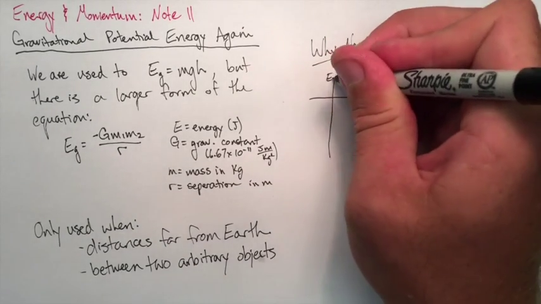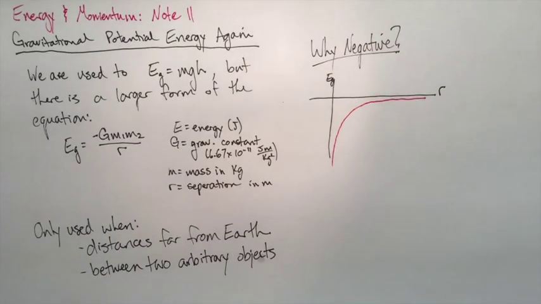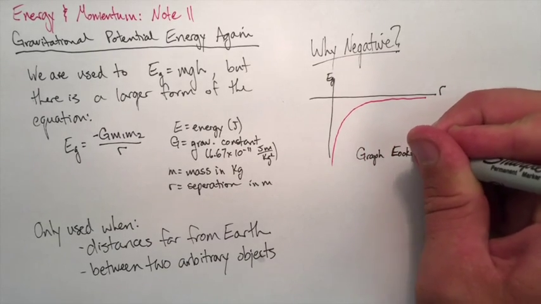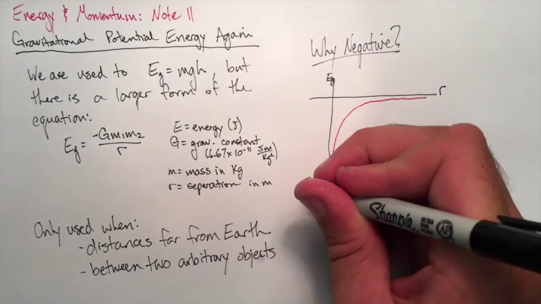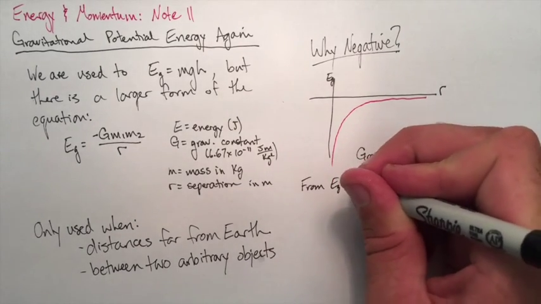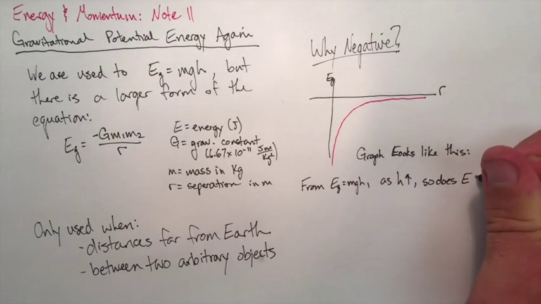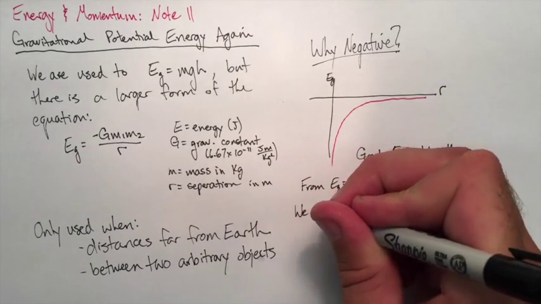There is a negative in front. If we think of E equals mgh, as h increases, so does energy. So that means as we get higher and higher, gravitational energy gets higher and higher. But this one, if we look at the equation, if R on the bottom were to get bigger and bigger, gravitational potential energy would get smaller and smaller. So that's a bit of a dilemma.